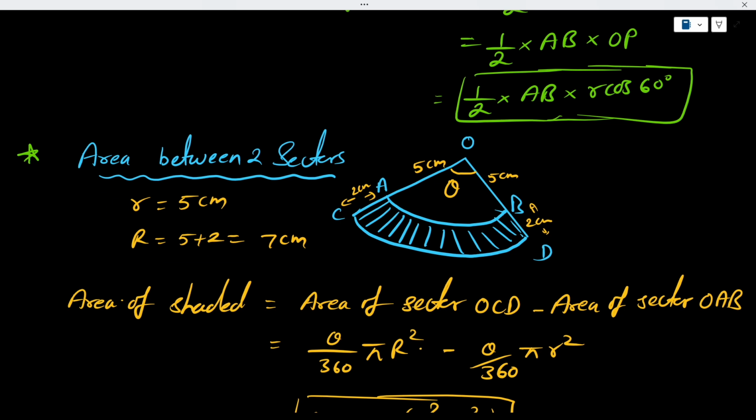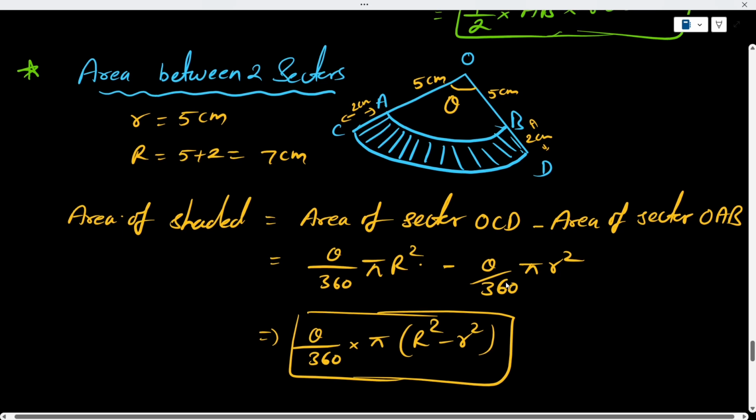Now how do we find the area of the shaded region? Area of sector OCD minus area of sector OAB, right? So area of sector OCD is going to be, theta is the same, theta by 360 pi capital R square, which is the bigger radius, the outer sector radius, minus theta by 360 pi small r square, which is 5 centimeter.